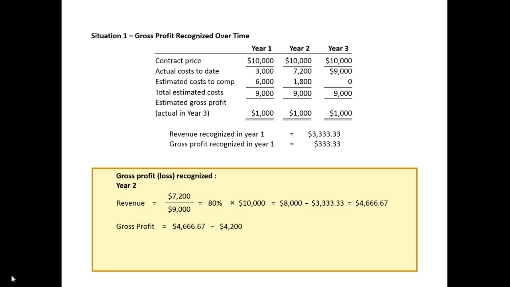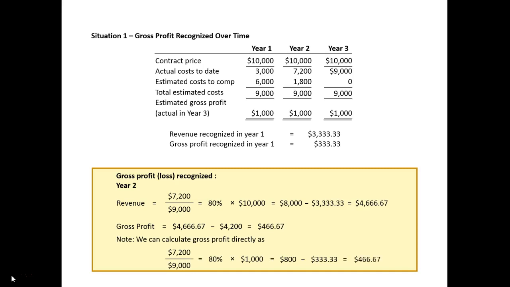We calculate our gross profit by taking the revenue recognized in year 2 minus the actual costs that were recognized in year 2. So if total actual costs to date in year 2 is 7.2 and actual costs in year 1 were 3, we know the difference were costs incurred in year 2, to give us then our gross profit.